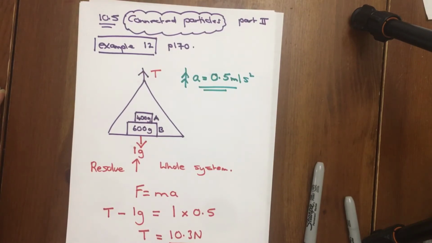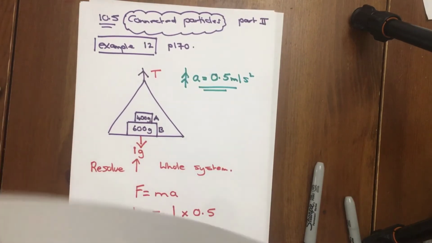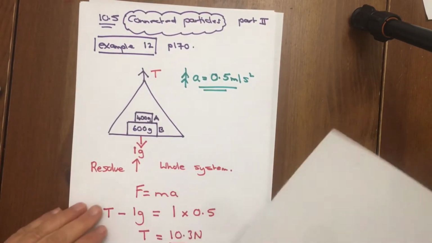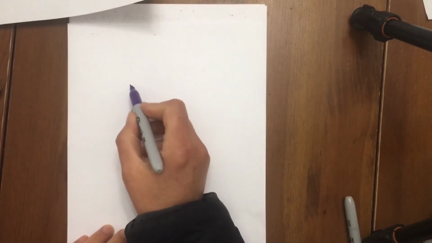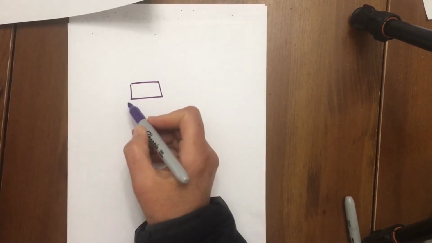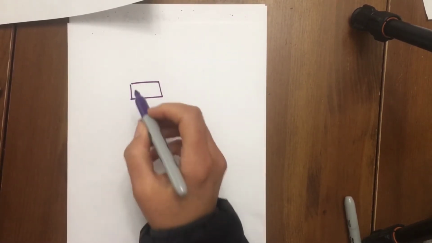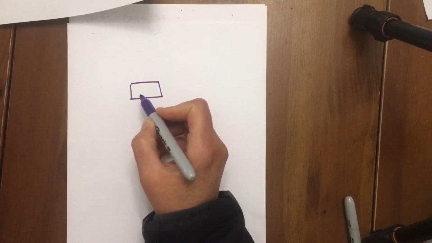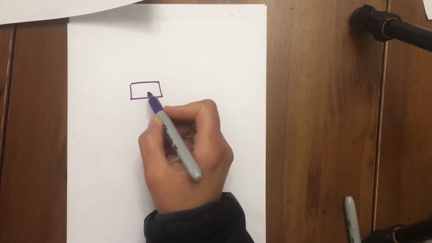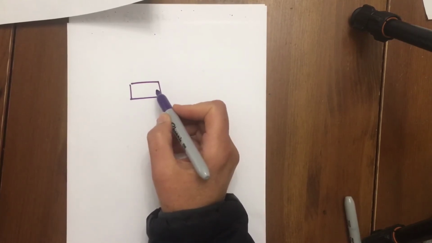So I'm going to look at the forces on A. I'm just going to sketch this diagram out again and just concentrate on what is happening at A. It'd be really good to look at my PowerPoint as well, because the PowerPoint does explain all of this as much as I am explaining it now.